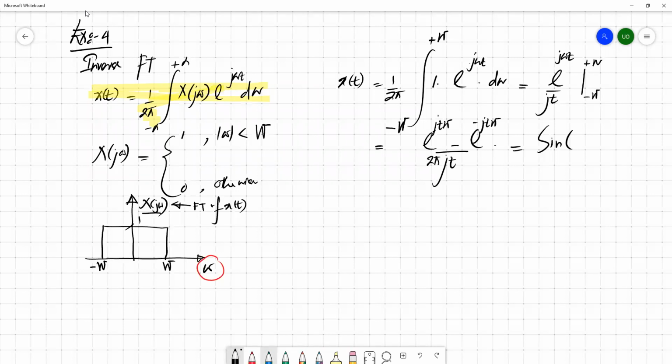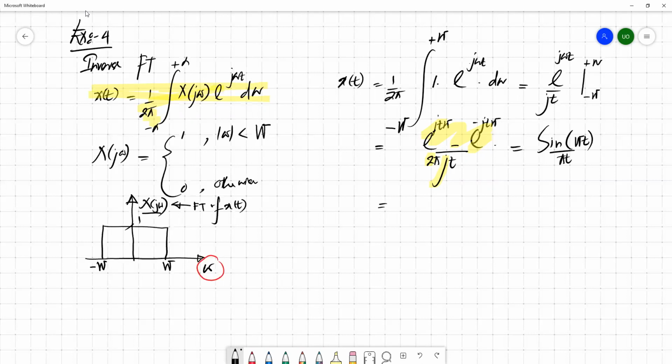So then we can treat this quantity as a sine function, sine Wt, divided by pi t.